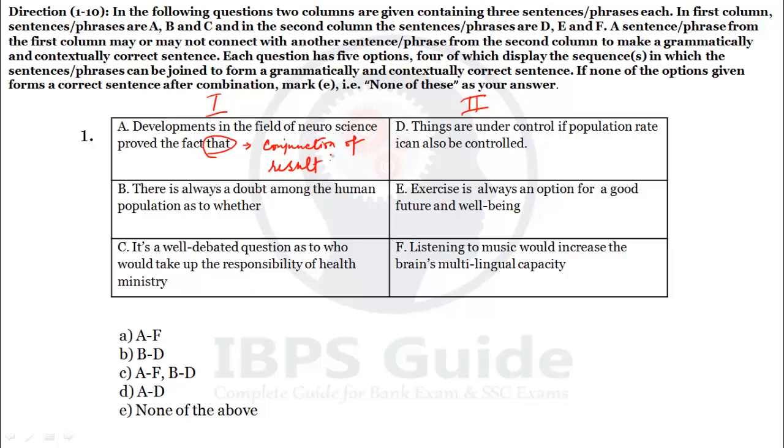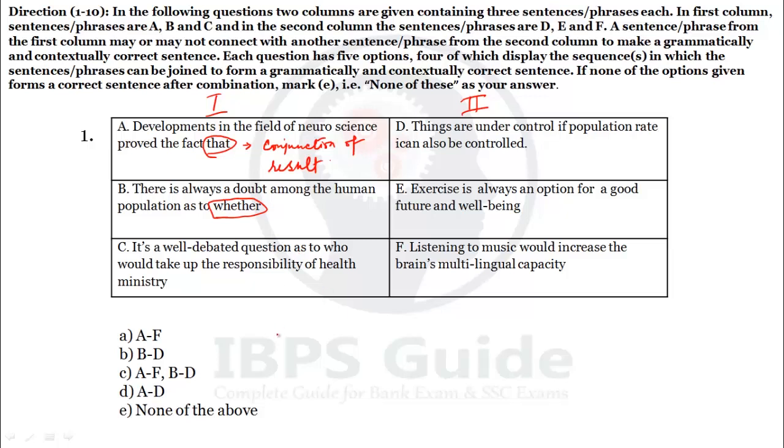In sentence B, there is always a doubt among the human population as to whether. Whether is also a connector. If the second portion expresses any uncertainty, then we take whether.